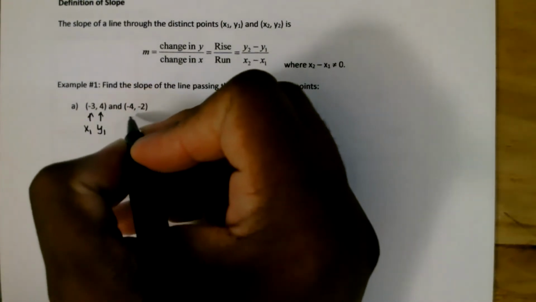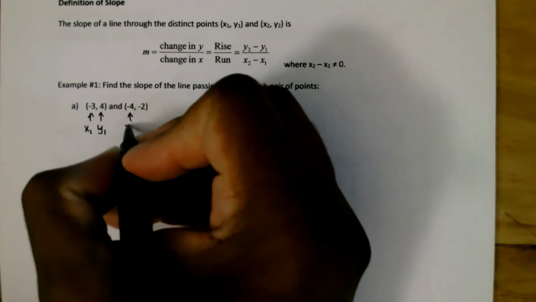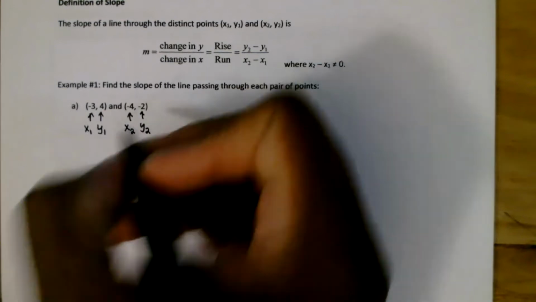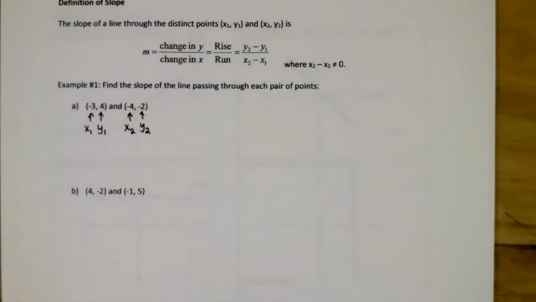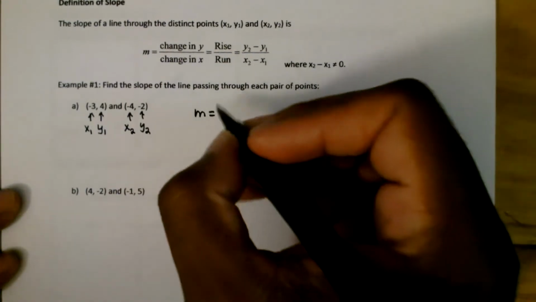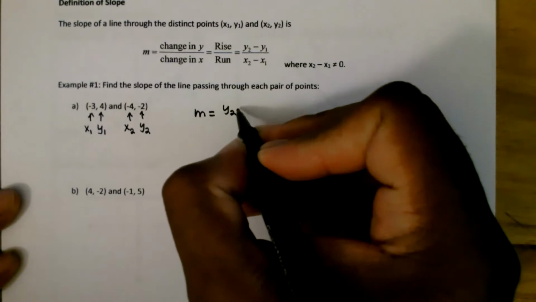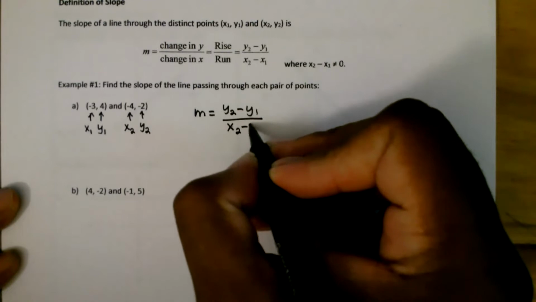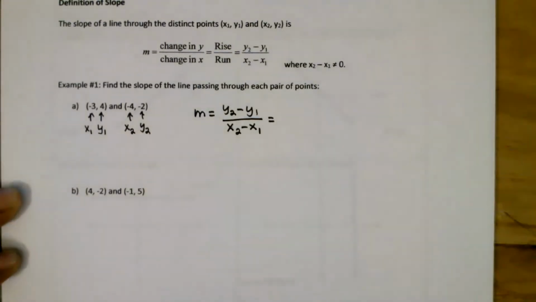And for (-4, -2), I'm going to let x2 be -4 and y2 be -2. So our slope formula is m = (y2 minus y1) divided by (x2 minus x1). We just substitute those values into that slope formula, and then we can find the slope.